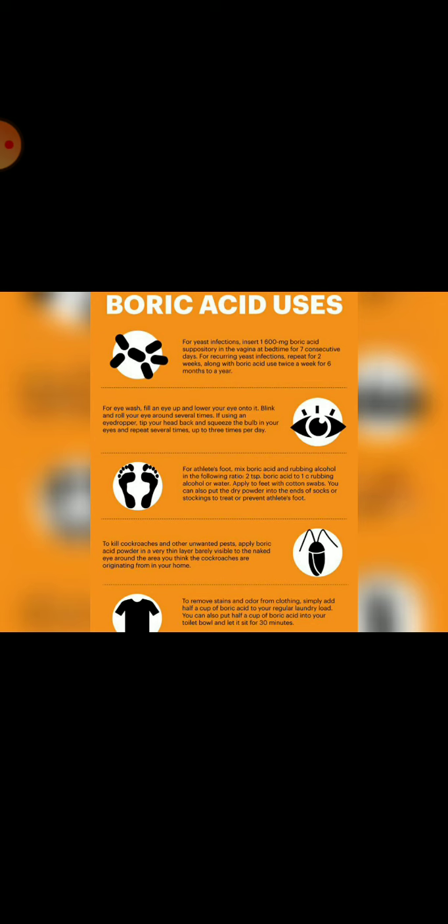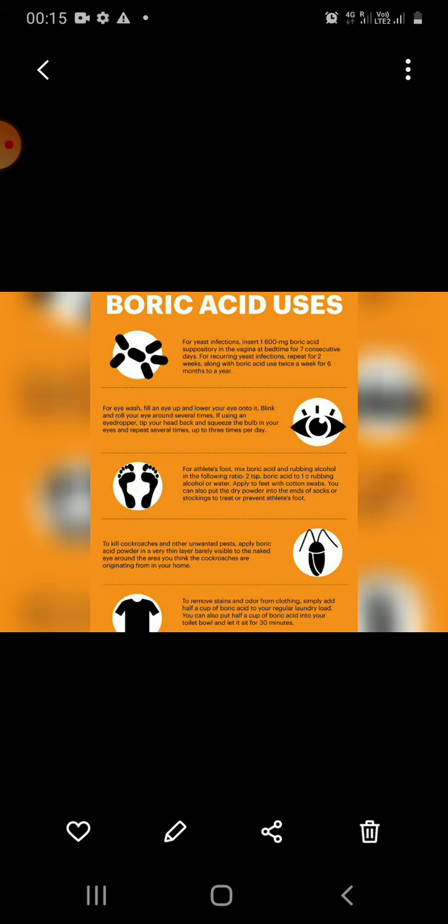The first one is for yeast infection. Second, eye lotion. Third one is fungal infection: mix boric acid with rubbing alcohol and water to apply, and we can use it as an antiseptic for fungal infection.